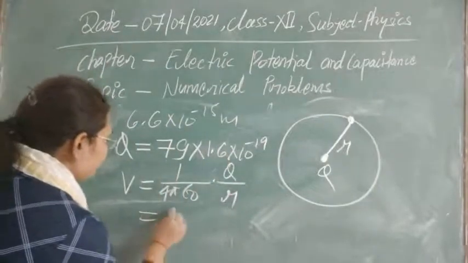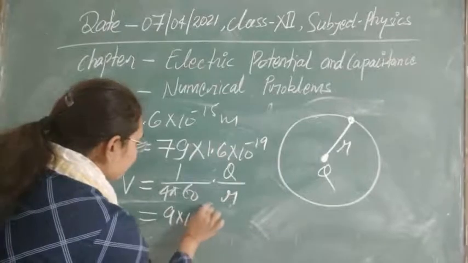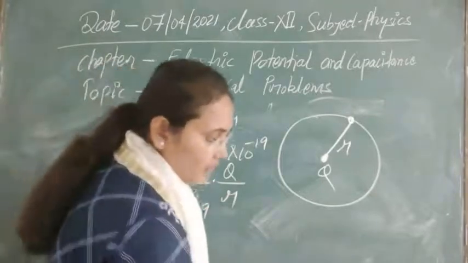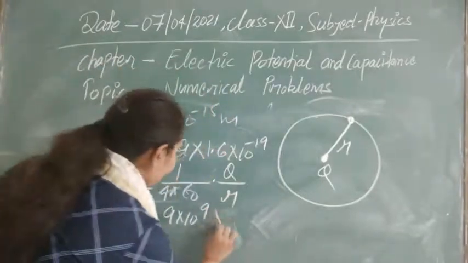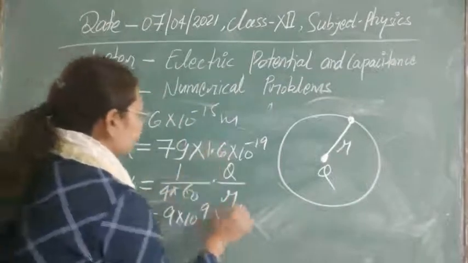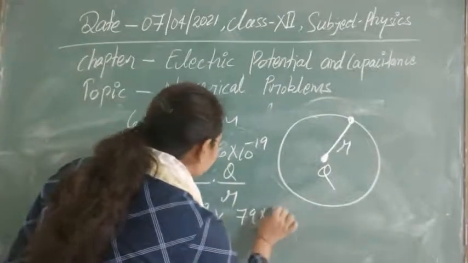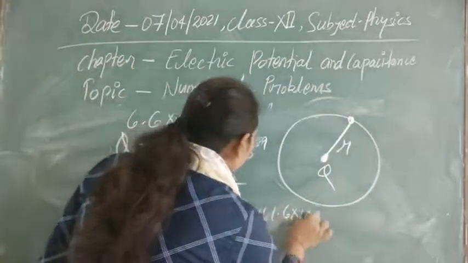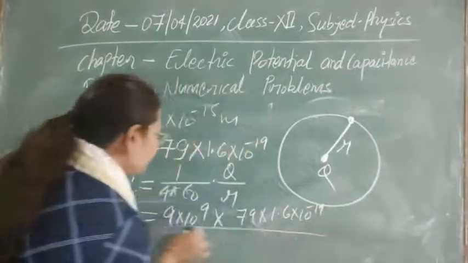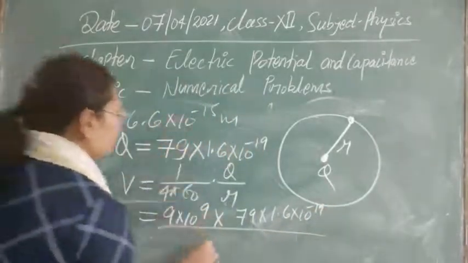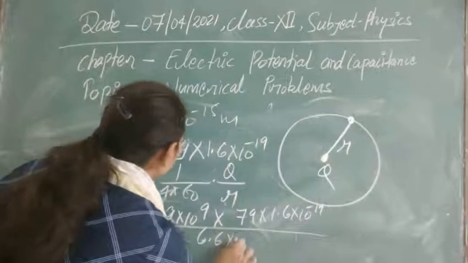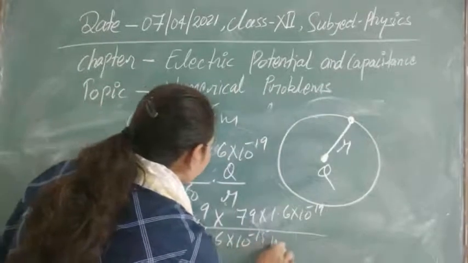So 1 upon 4 pi epsilon 0, its value is 9 into 10 to the power 9 here. Value of Q will be equal to 79 into 1.6 into 10 to the power minus 19, divided by this r, which is given as 6.6 into 10 to the power minus 15 meter.